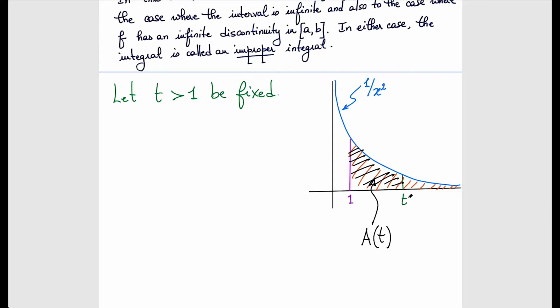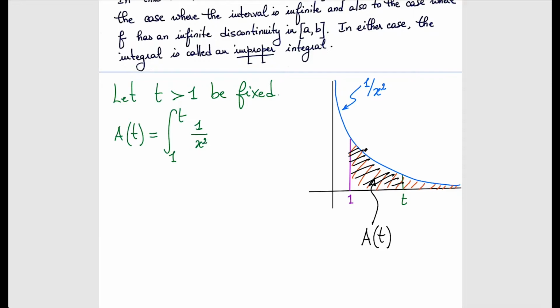Given that number t, A of t is going to be the definite integral from 1 to t. Now, I am integrating over a finite interval. I'm trying to understand what happens, at least here, and then try to understand what happens when t becomes large. So I get this 1 over x squared, right?